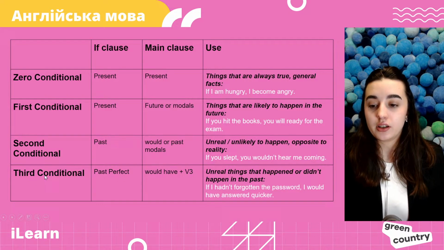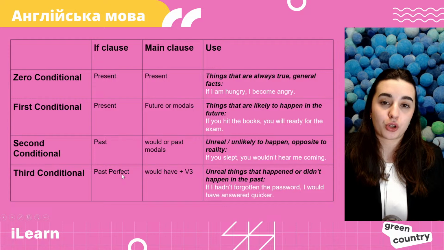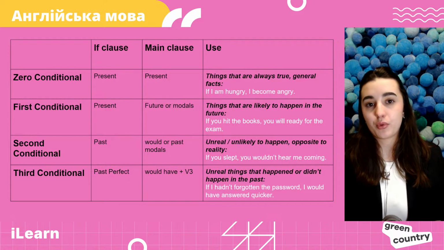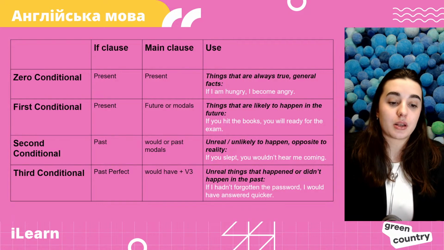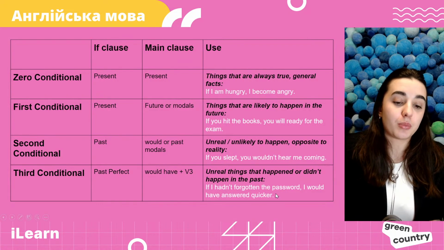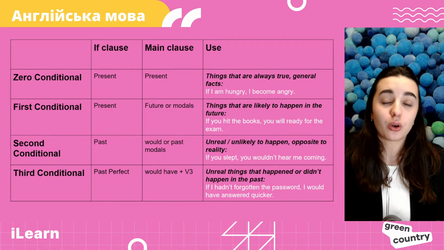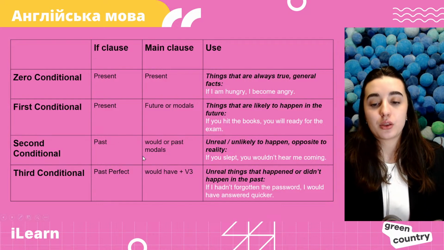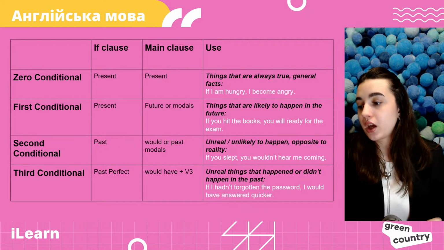And third conditional we use, коли говоримо про те, що не сталося, або ми також можемо його вживати, коли ми про щось жалкуємо. Якби я не забув, наприклад, пароль, я б відповів швидше. Можливо, я жалкую про це, можливо, не жалкую, але я цього не зробив. І тут ми вживаємо past perfect і would have третя форма.